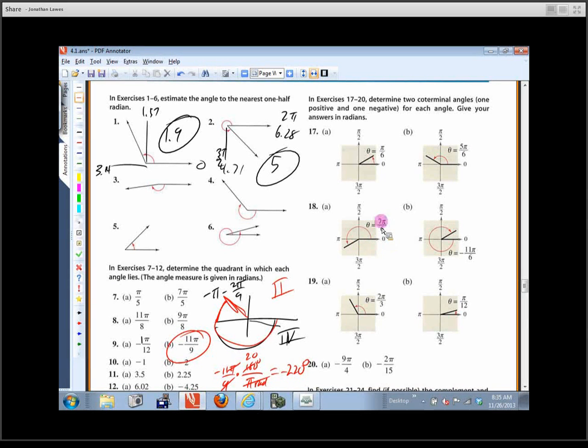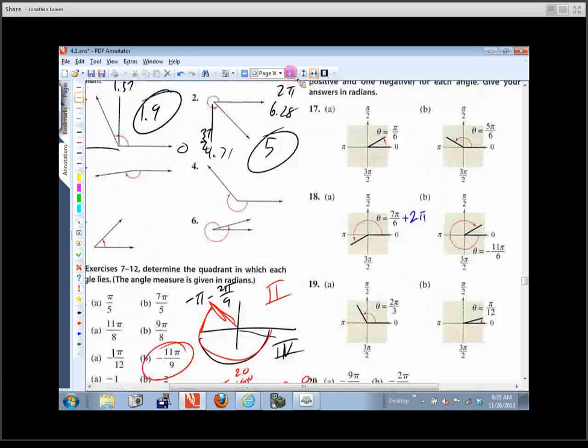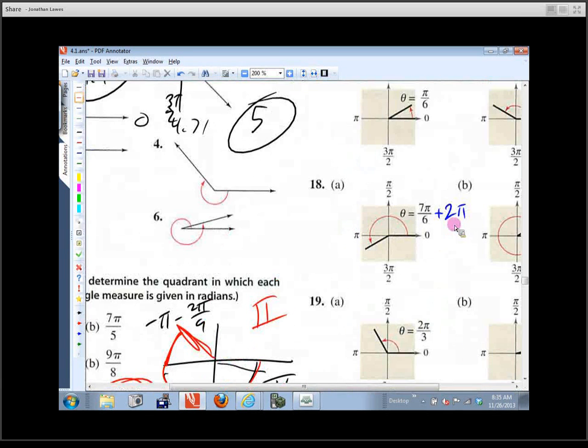So again, that's 1 full pi plus another 6th. So one way I can figure out a positive coterminal angle is I can take that and add 2 pi. That's going to give me one answer. So again, I've got to do a little bit of fraction arithmetic here. I've got to get that in terms of 6. So that's 7 pi 6 plus 12 pi 6. So that's going to be 19 pi 6.